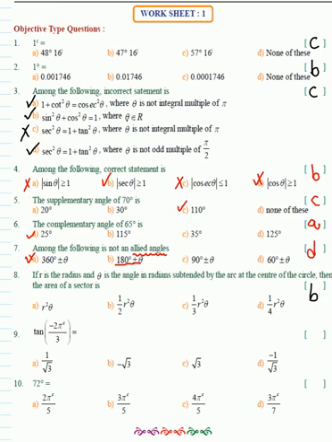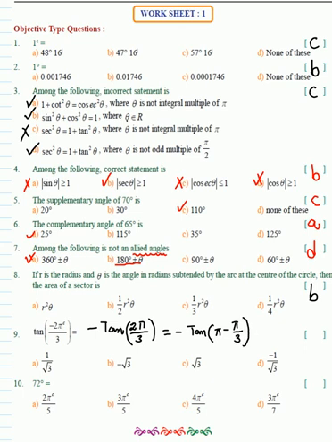Now, tan of minus 2 pi by 3. We know that tan of minus theta is equal to minus tan theta. So we write it as minus tan 2 pi by 3. This can be written as minus tan of pi minus pi by 3.